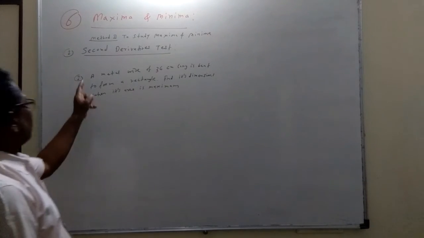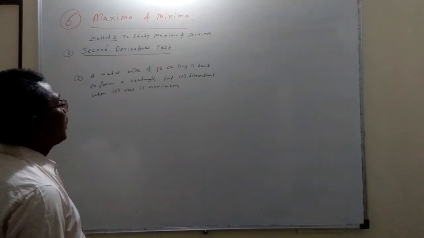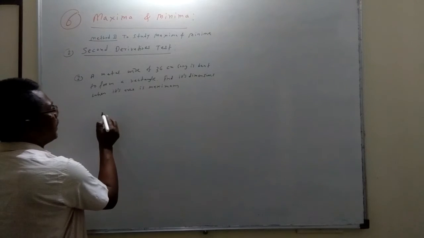Suppose an example: a metal wire of 36 centimeter length is bent to form a rectangle. Find its dimensions when its area is maximum.